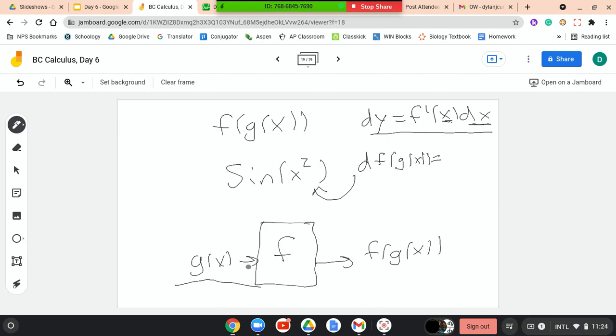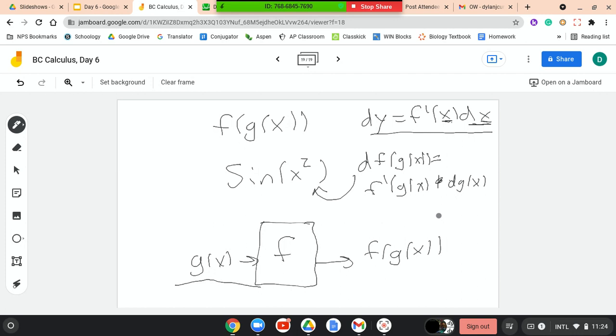Yep. The only thing we have to change for this example is what our input is, because our input is g of x. So df of g of x is equal to f prime, and instead of x as our input, we put g of x, times dx. But instead of our input being x, it's g of x here, so we have to put times dg of x. Would you agree with that?